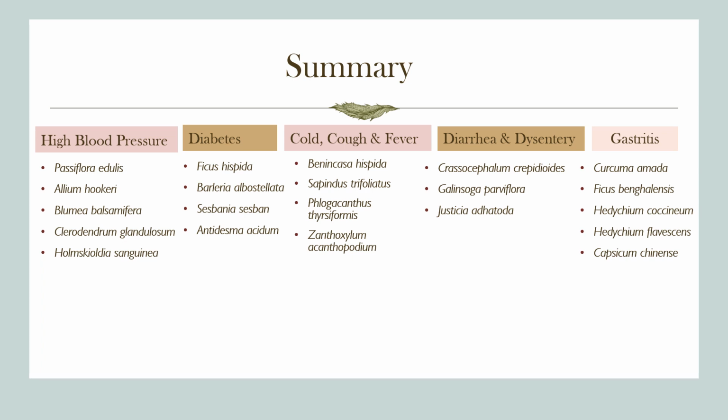Under diabetes, we discussed Ficus hispida, Barleria albostellata, Sesbania sesban, Antidesma acidum. Under the problems of cold, cough, and fever, we discussed Benincasa hispida, Sapindus trifoliatus, Phlogacanthus thyrsiformis, Xanthoxylum acanthopodium.